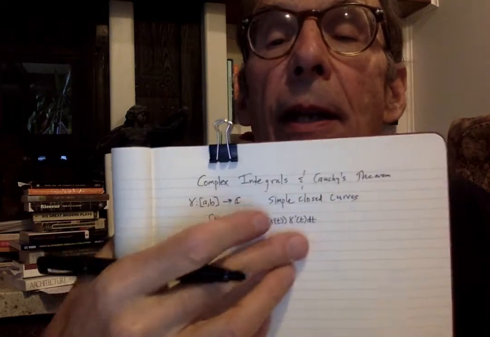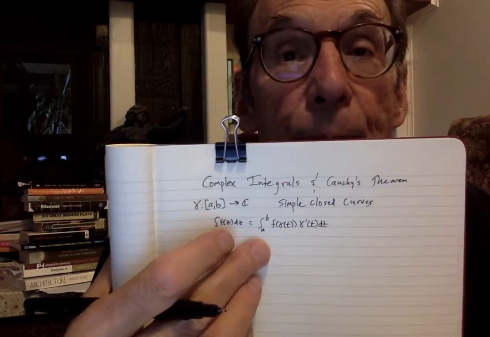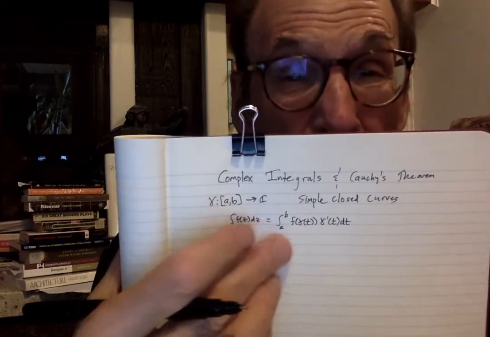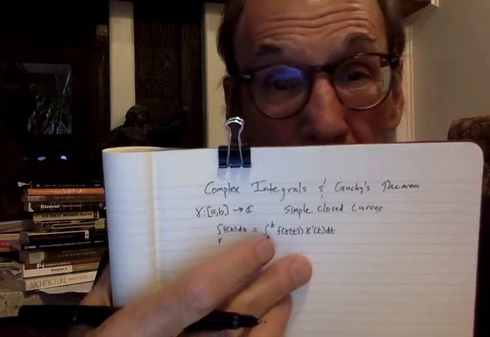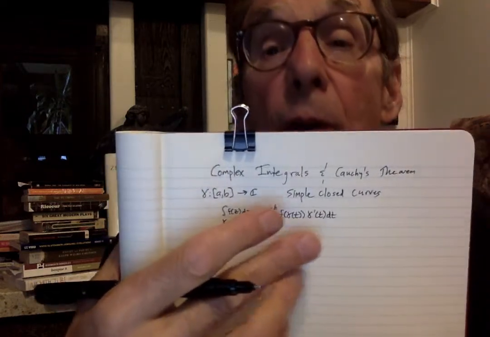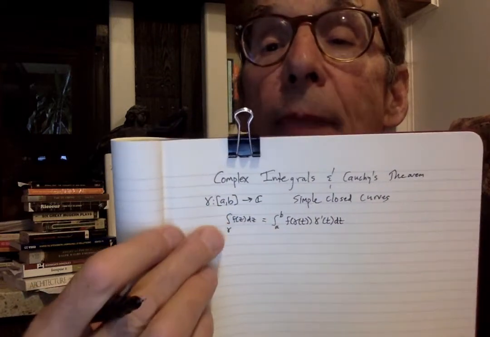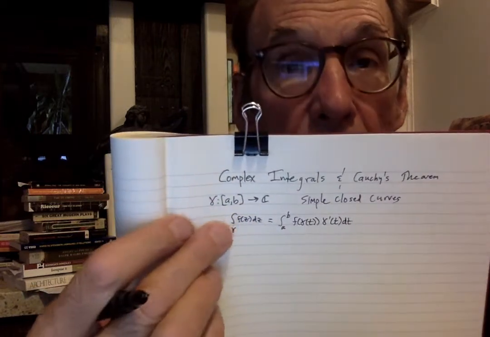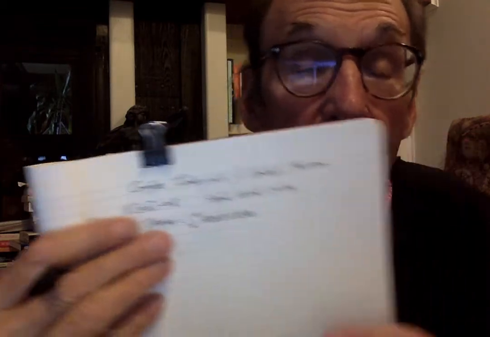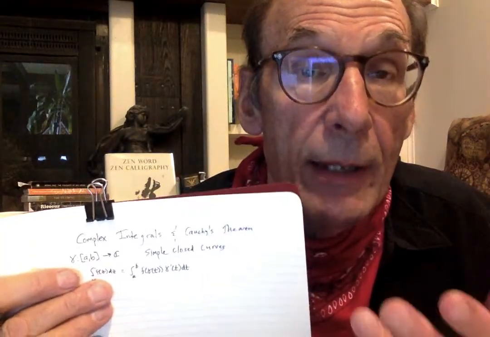So that's how we do it, and this is two ordinary integrals like you would have done in Calculus 1. So not much theory goes behind this. That's what we mean when we integrate some function over a curve. And of course, we're mostly interested in f being holomorphic or analytic. And so that's what we're going to be looking at.